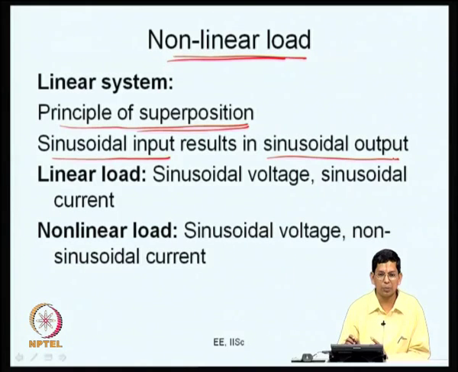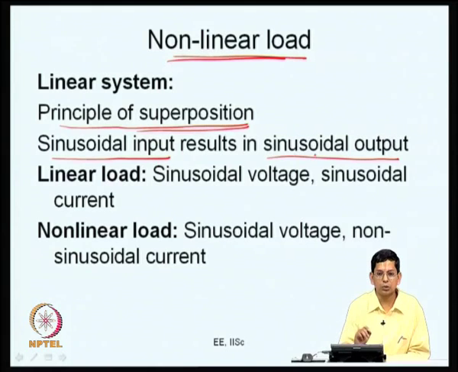A non-sinusoidal periodic waveform has several frequency components, going by the Fourier series. So, the output should also be sinusoidal and of the same frequency. Only the amplitude and the phase will change. Such a system can be characterized by its gain and phase at any given frequency.